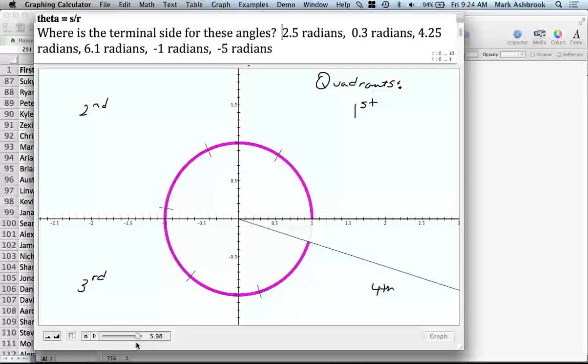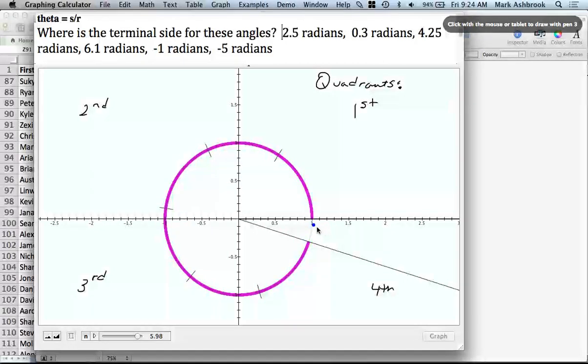So that's 6 right there. What about -1 radians? Fourth quadrant? And how much openness do we go in the fourth quadrant? How would you figure that out? Maybe tell me where to stop. So we would stop there, is that right?